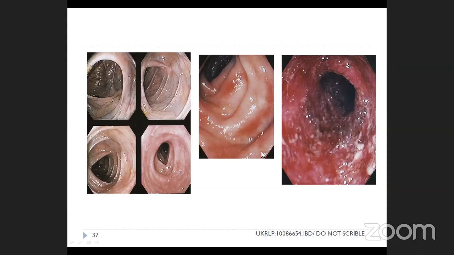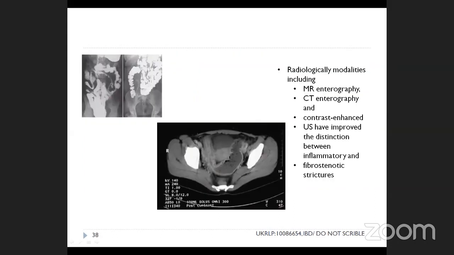So these are the radiological features of the inflammatory bowel diseases. In the first picture, this is the barium swallow, which shows the small intestine with a long, lengthy stricture. These are classical features of Crohn's disease.